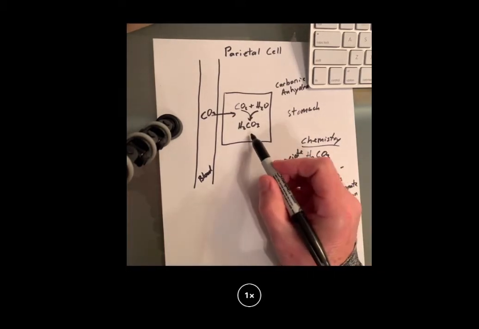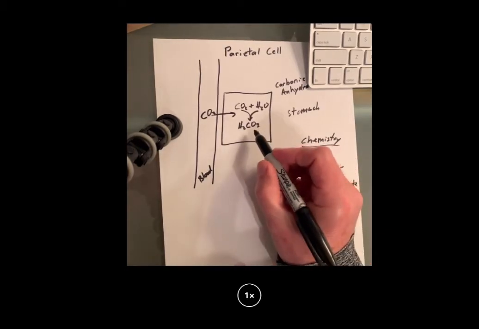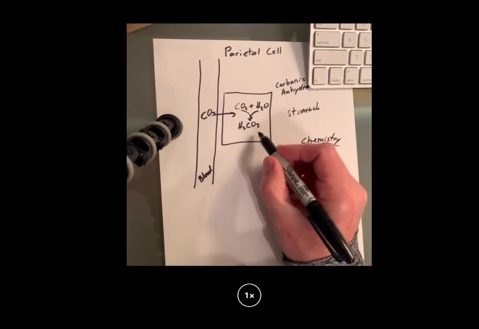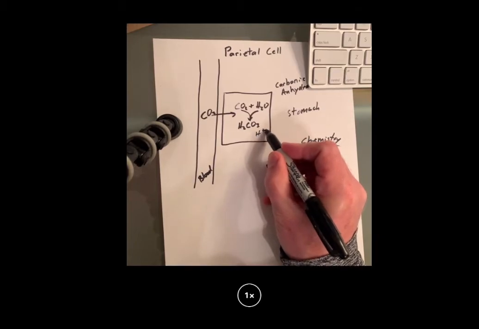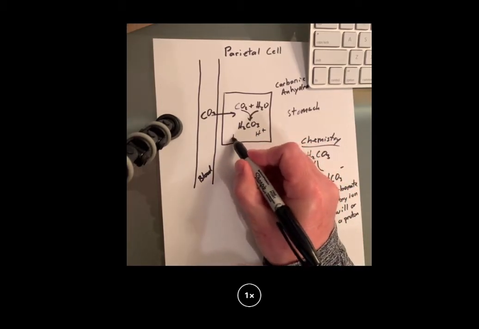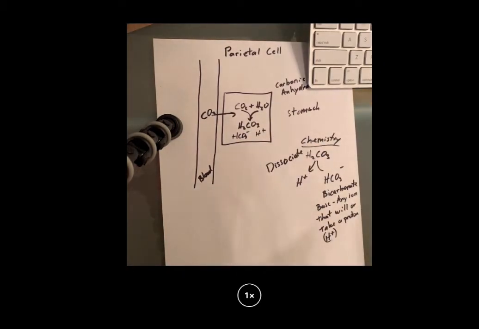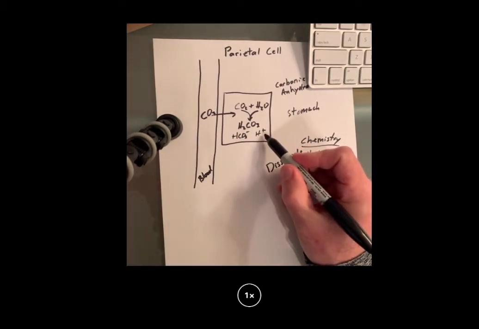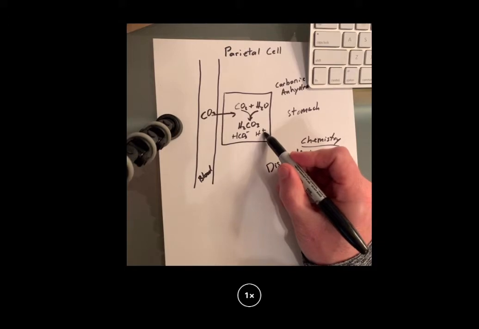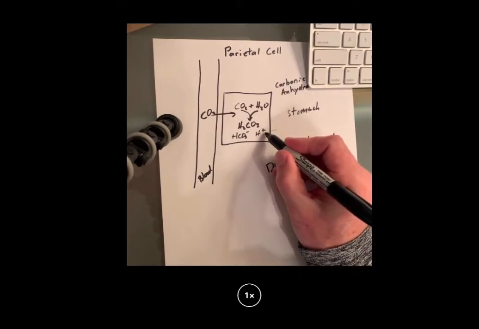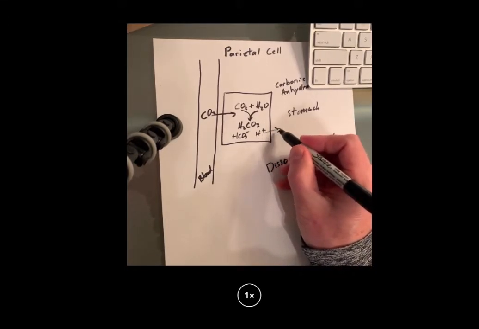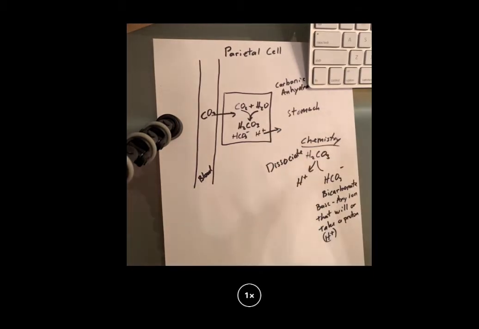So right here, back up into the cell, this breaks apart into H plus and HCO3 negative. This H plus is put into the lumen of the stomach. It's put into your stomach.